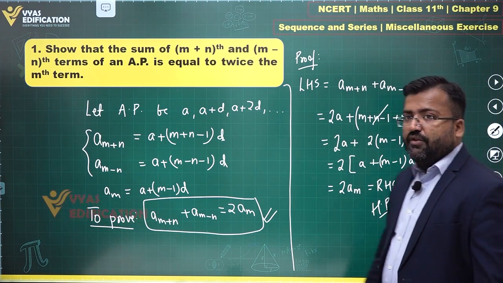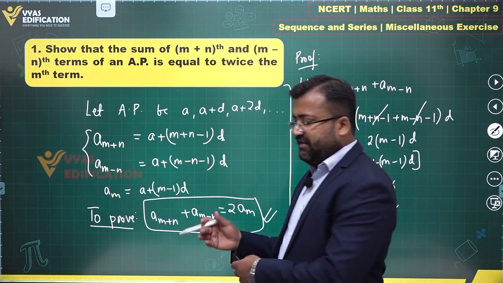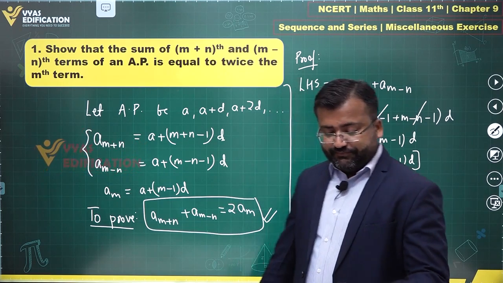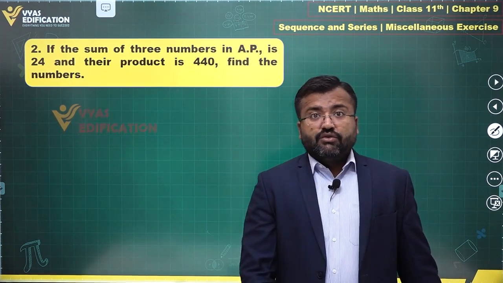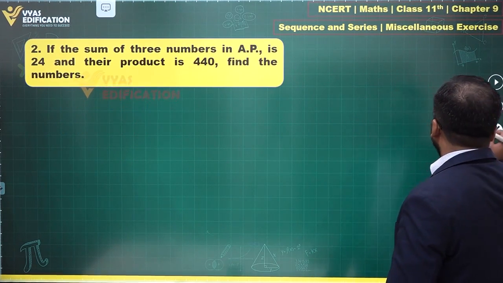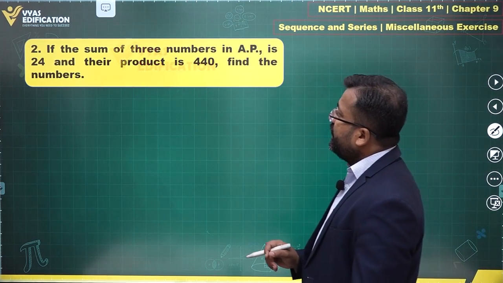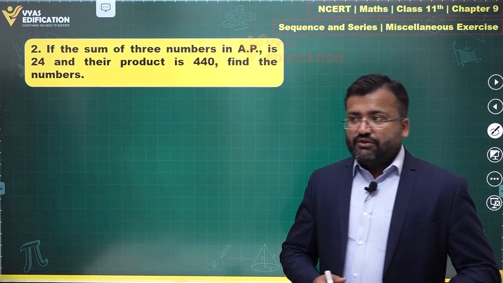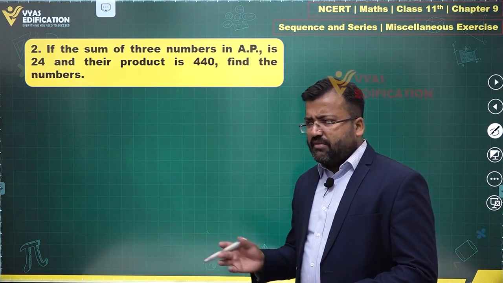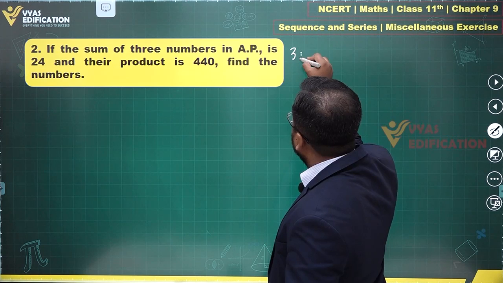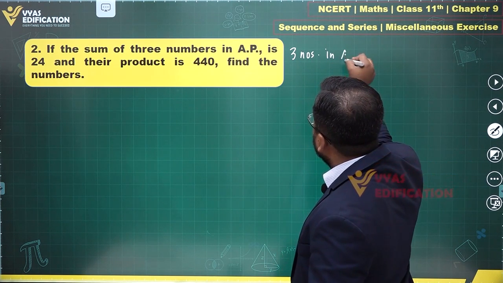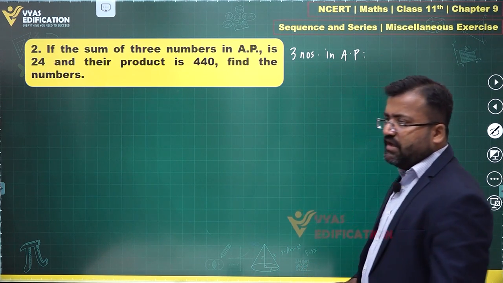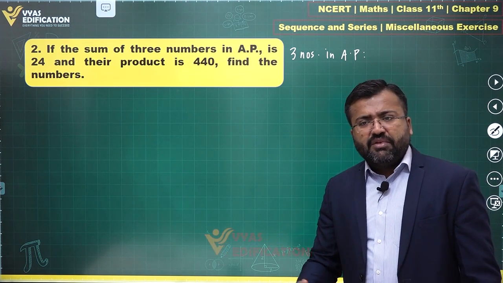Important property from arithmetic progression, and which has been discussed over here, right? Question number 2 says, if the sum of three numbers in AP is 24 and the product is 440, find the numbers. Okay. When you are asked to find three numbers in arithmetic progression whose sum is already given, three numbers in AP can be considered as, one of the choices is that you go with a, a plus d, a plus 2d.